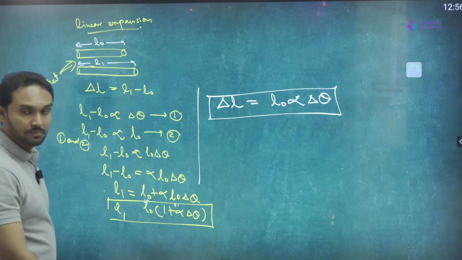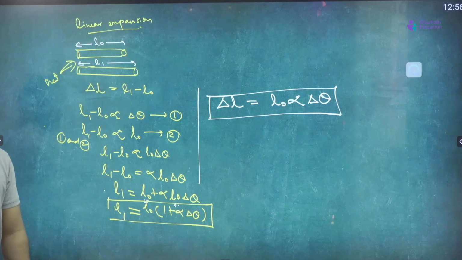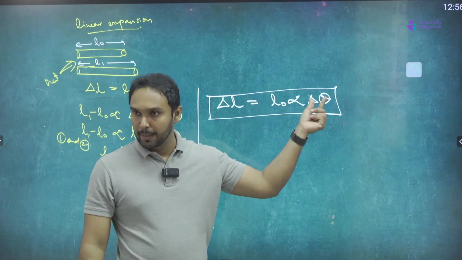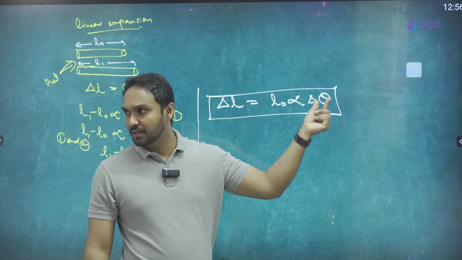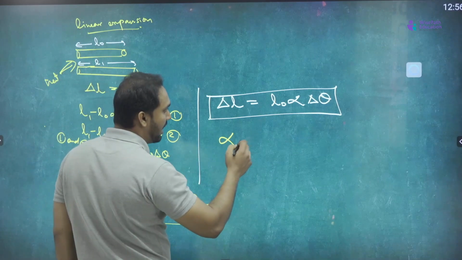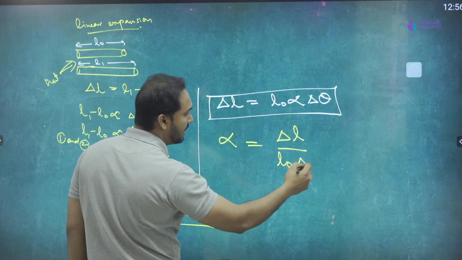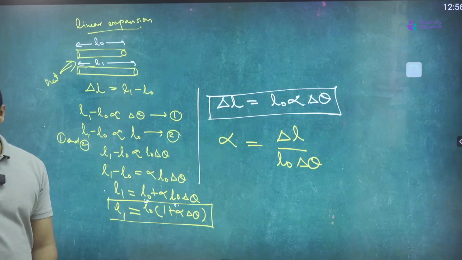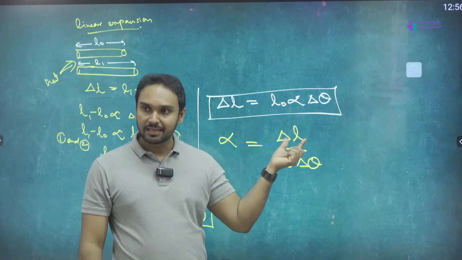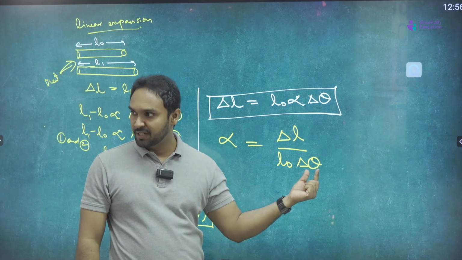Now we have alpha here, and we have to know what alpha is and its units. So I isolate alpha: alpha equals delta L divided by L naught delta theta. What does alpha mean? The length increased per initial length per temperature difference.